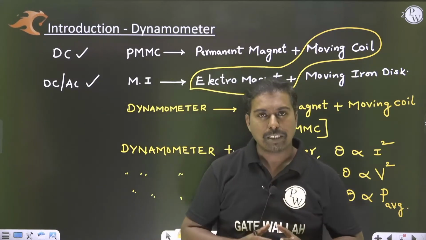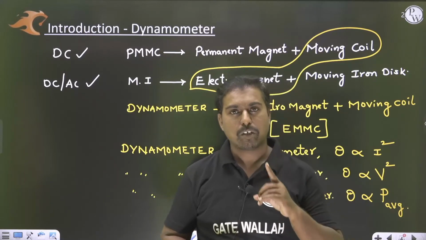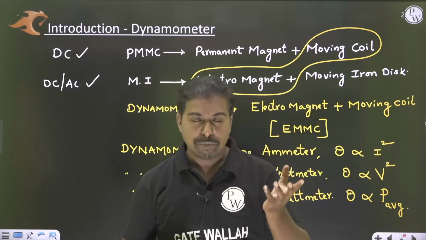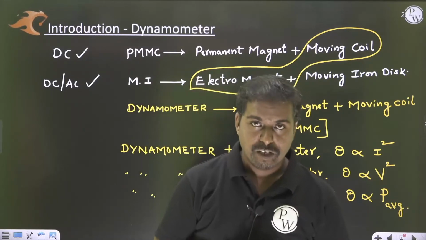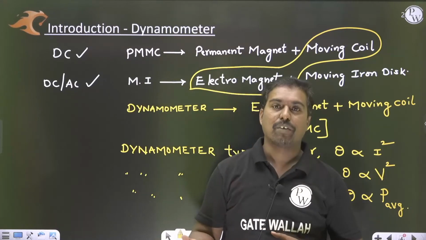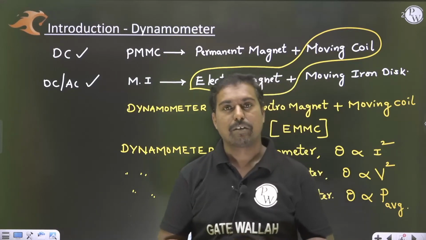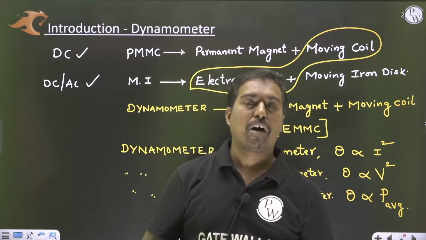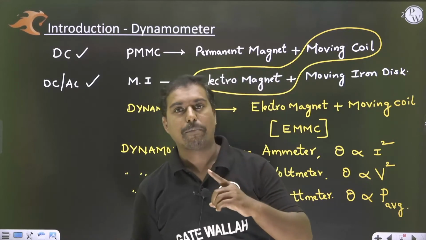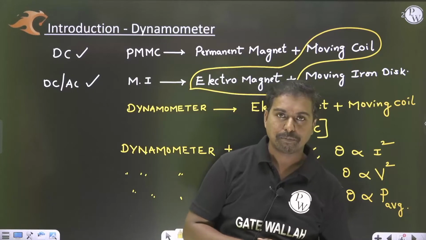But the problem is, to measure one single parameter called power, we are using multiple meters. As you know, each and every meter is suffering with error. PMMC is suffering with frictional error, moving iron is suffering with frequency error. So definitely these errors are going to be more. The more the number of instruments for measurement of one parameter, the more errors are possible.